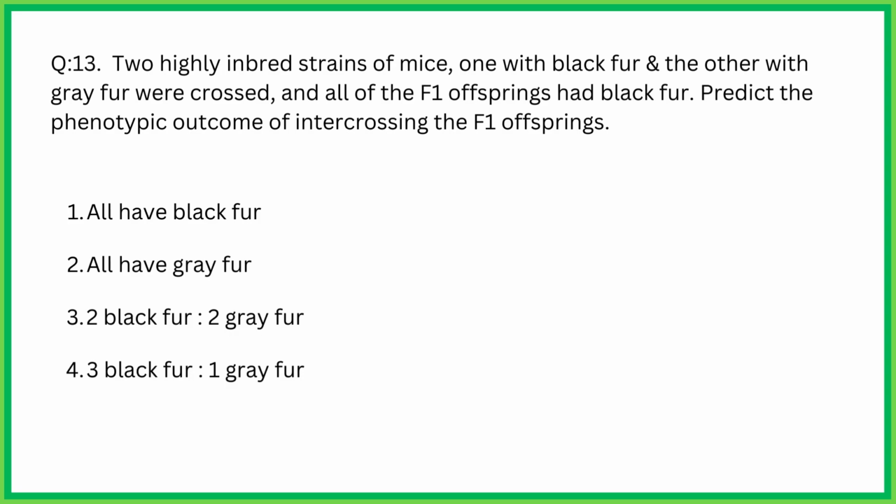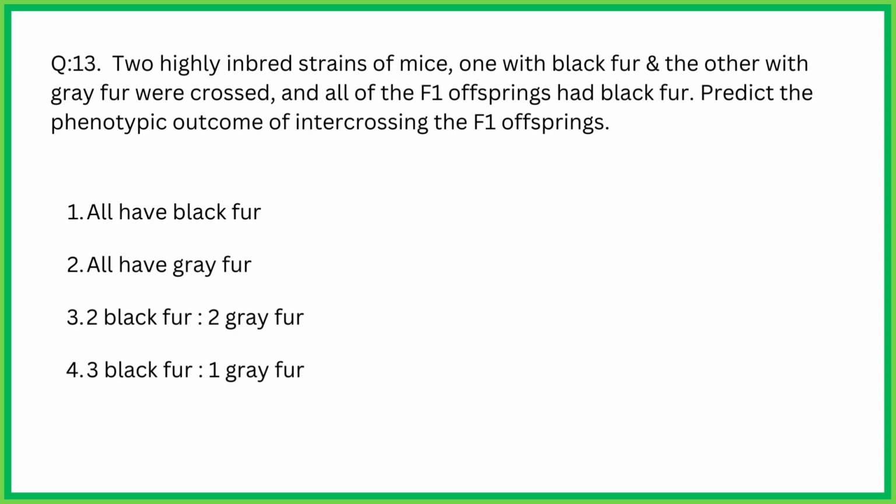But according to the genotypic ratio, it will be 1:2:1, because 1 is homozygous dominant capital B, 2 are heterozygous, one capital B and one small b, which will still give a black fur mouse. Don't get confused by that. And the last is small b, which is homozygous recessive according to genotype.